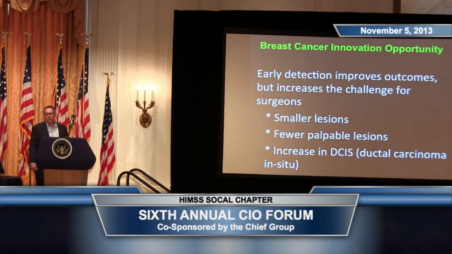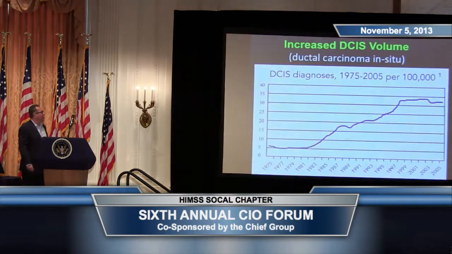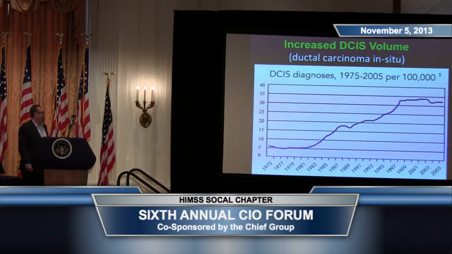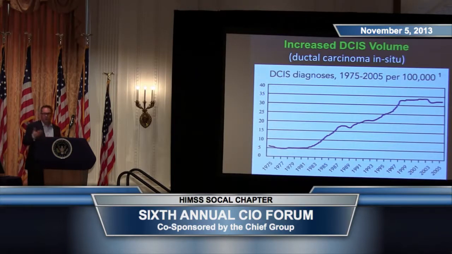Breast cancer innovation. Here's a very interesting technology. Represented on this chart, we saw a dramatic increase in DCIS that requires lumpectomy procedures. The need to be much more efficient in this space is something hospitals are going to need to look at.